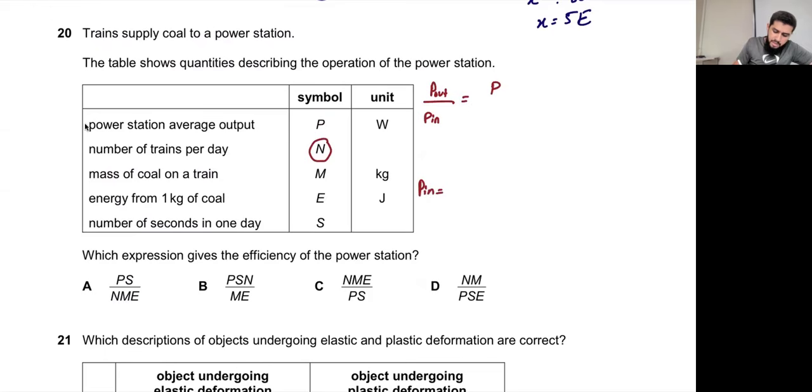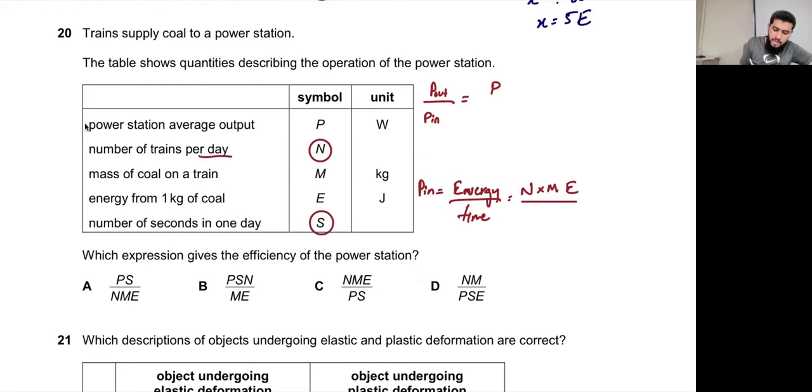The number of trains per day. Power in is energy upon time. Energy: number of trains is n, with each train having a mass of m, and each kg of coal gives you energy equal to E. Per unit time, with the number of seconds in 1 day.